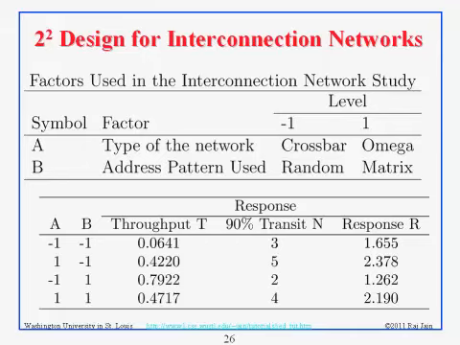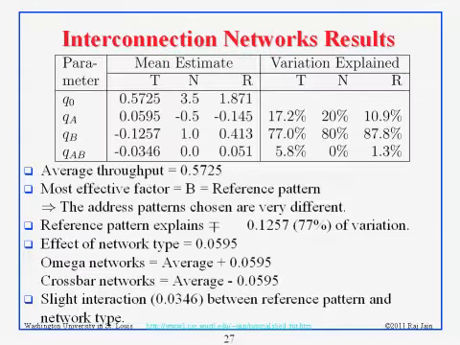If you were to change the definition, call this +1 and call this -1, that's okay, except that all the numbers will come out on the other side. And similarly for the interaction as well: if the interaction is negative, it means that the combination, if A and B are positive, then this decreases the performance. In this case here.